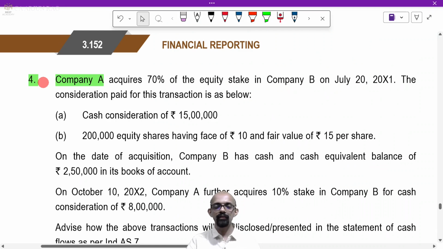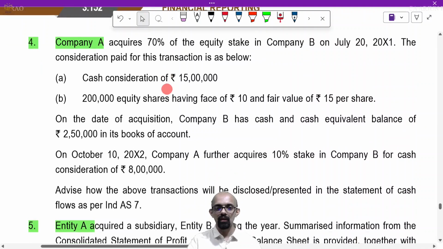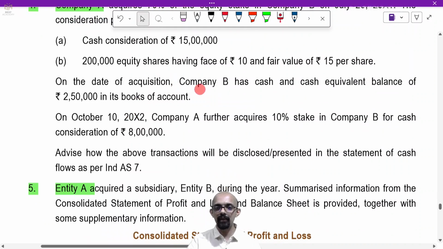Next, let's do test your knowledge question 4. Company A is acquiring a 70% stake. It is gaining control. Cash consideration is 15 lakh and it is also issuing equity shares, which is not going to come in the cash flow statement. Part of the net assets of company B which it has acquired includes cash and cash equivalents of 2 lakh 50.